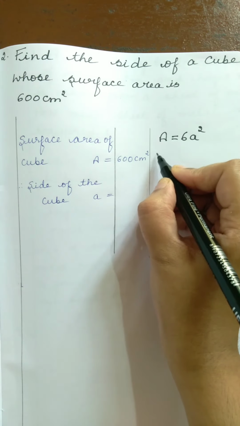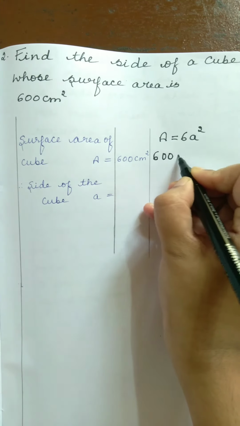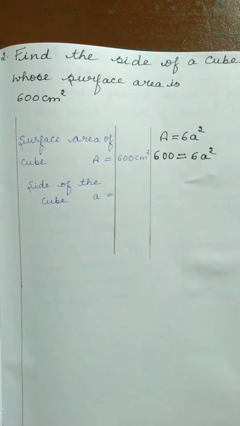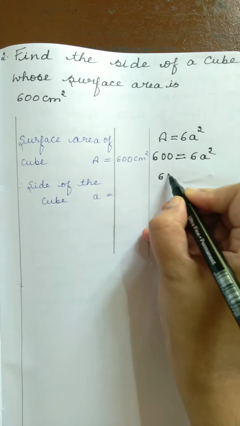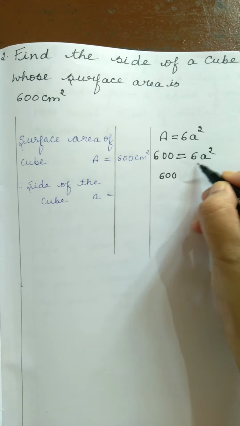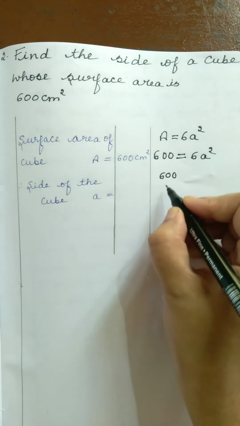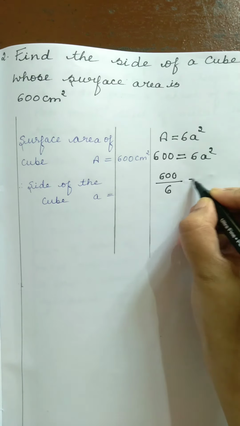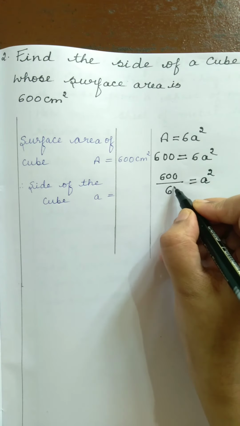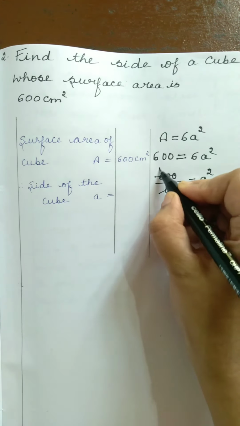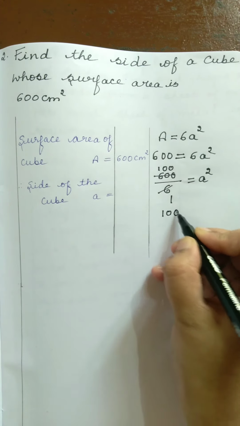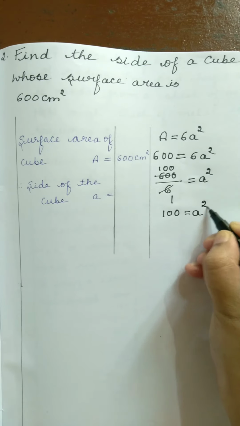We know the value of area, that is 600 equal to 6a square. Now in the next step, 600, here it is 6 into a square. While bringing this 6 to the left side, it becomes divided by 6 equal to a square. Then, on simplifying, 6 ones are 6, 6 ones are 6, write here 2 zeros. Therefore, you will get 100 is equal to a square.